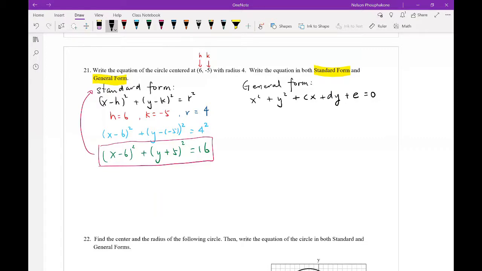Okay, now first of all, we need to remember two things. We know that (a plus b) squared is basically (a plus b) times (a plus b). So we FOIL it.